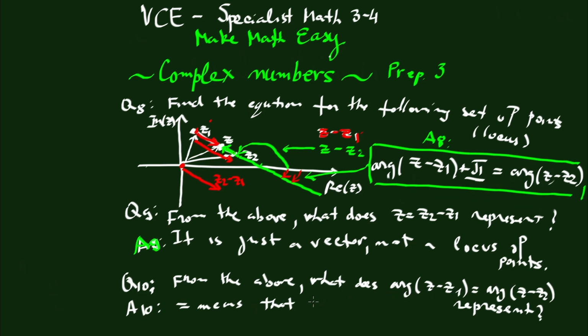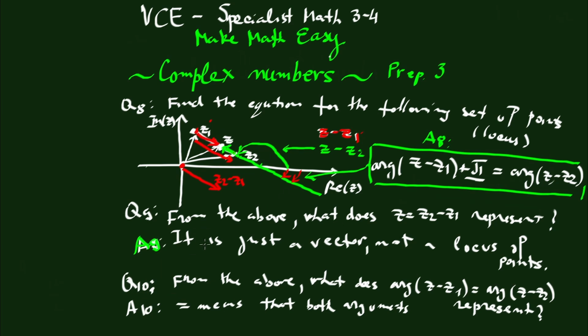Equal sign for arguments means that both arguments, which is angled, point in the same direction, because the arguments are the angle, so the angles are in the same direction.